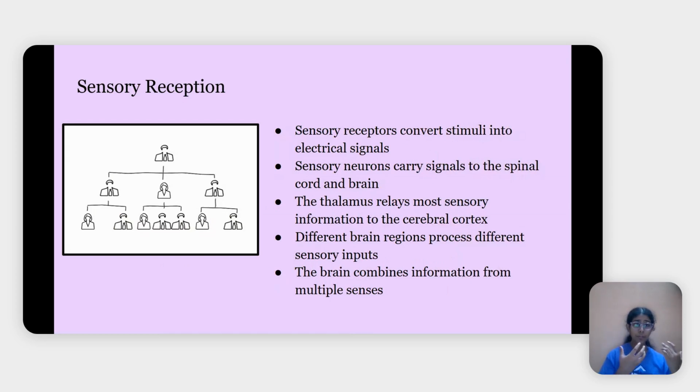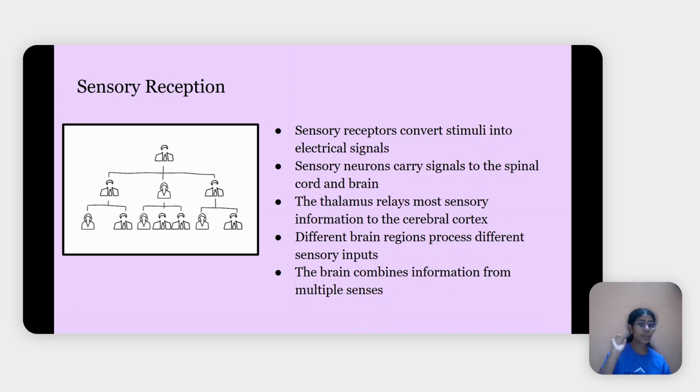And how we sense those is through a process called sensory reception. Sensory receptors convert stimuli into electrical signals. Sensory neurons then carry signals to the spinal cord and the brain. Therefore, this is part of the afferent system within the peripheral nervous system.